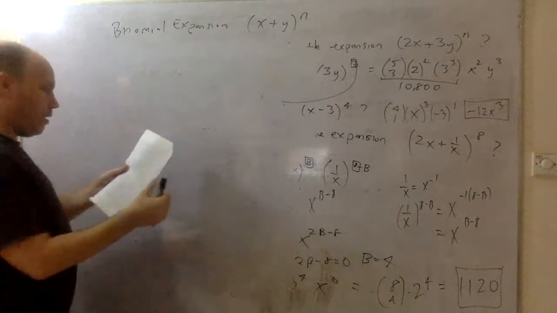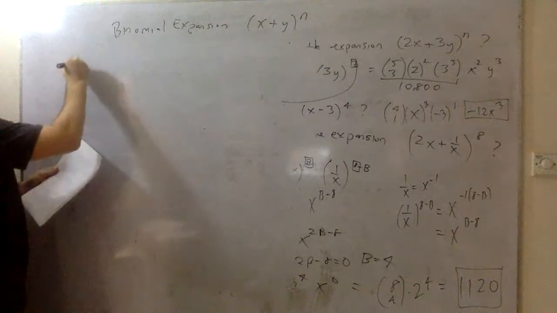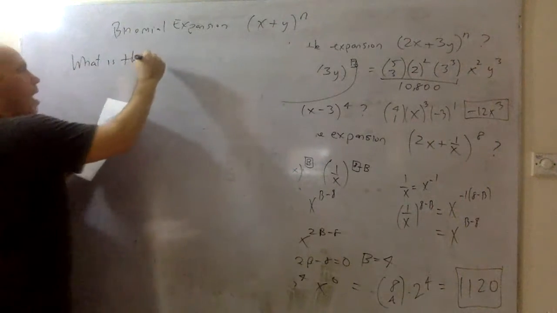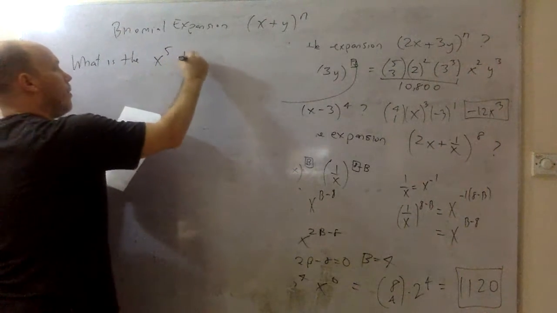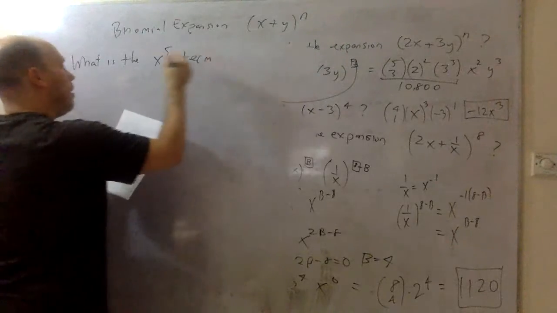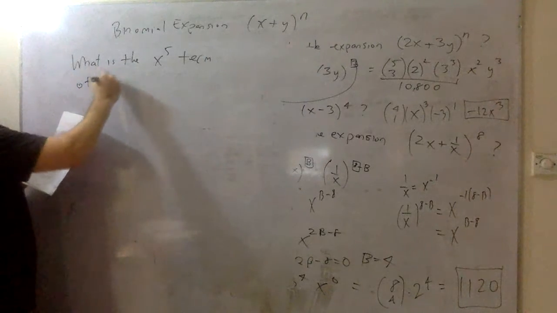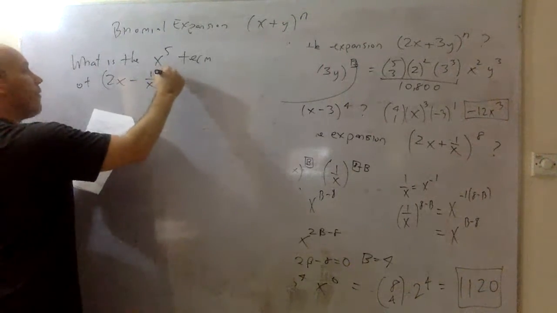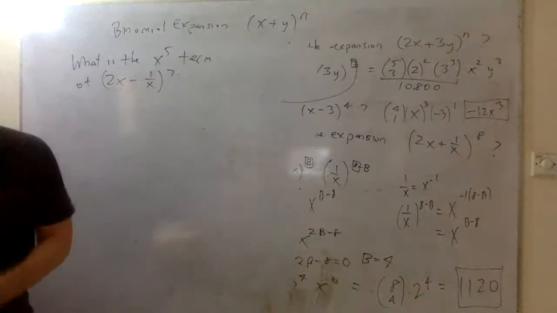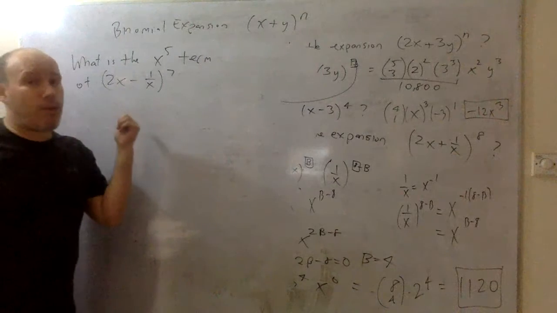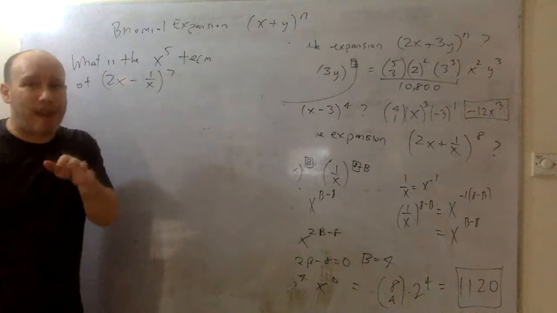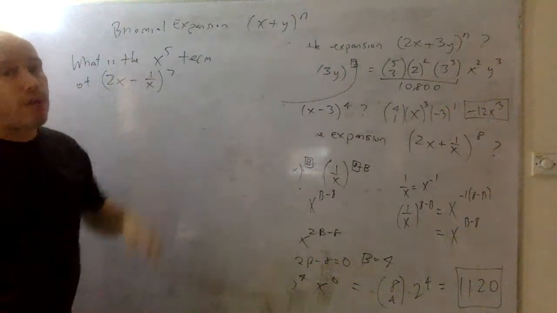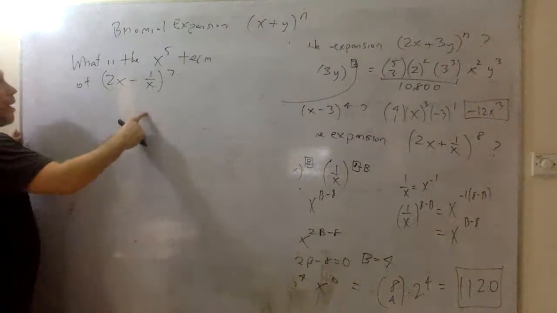What is the x to the 5th term of 2x minus 1 over x to the 7th power? Ugh. This is why it's a 6-7 problem. It's going to show up as a question like 7 or 8, and it'll take you up to the 6th and 7th level. Let's see what's going on here.